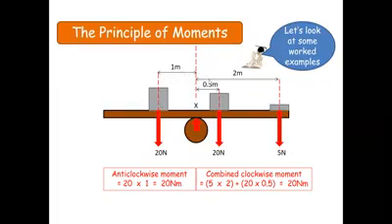Then we have combined forces here. We have a force of 5 newtons applied, and the perpendicular distance from the pivot is 2 meters. This is our clockwise moment. And then we have another force of 20 newtons applied, and the perpendicular distance is 0.5 meter.